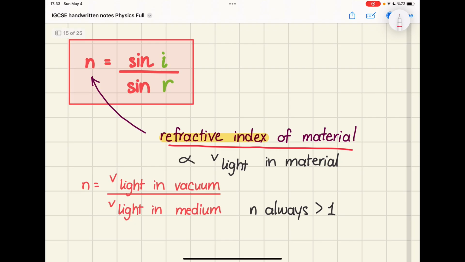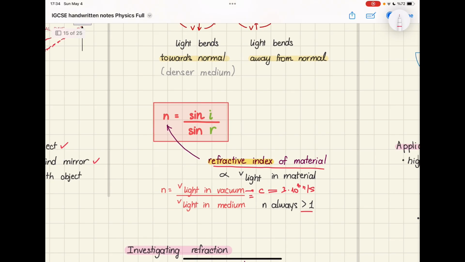Another way is the speed of light in vacuum divided by the speed of light in the medium. It is always bigger than 1 because light in vacuum, which is c, which is 3 times 10 to the power of 8 meters per second, is the fastest speed of light that can be found in nature, because in vacuum there are no particles, and therefore there's nothing to slow down the light.